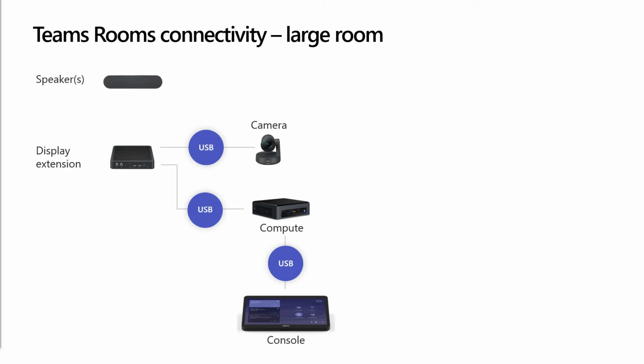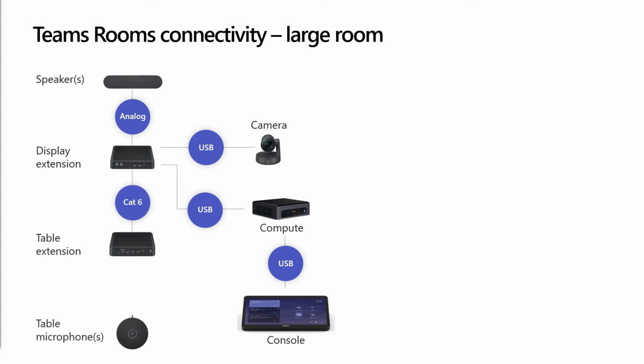There are multiple speakers that could be added to the room, and in this case, they extend to the display extension. Note that it's using an analog cable, so we are now seeing the first cable that is different than USB or HDMI. There are things like a table extension, which would connect devices such as microphones. So the microphones can connect to the table extension via USB. The table extension connects to the display extension via Category 6 cabling.